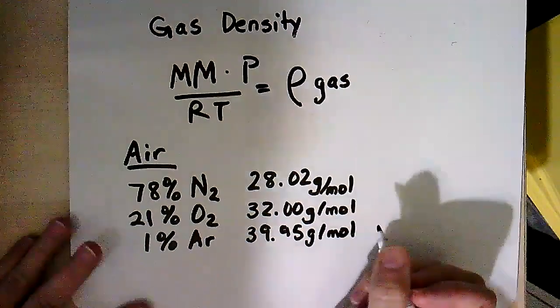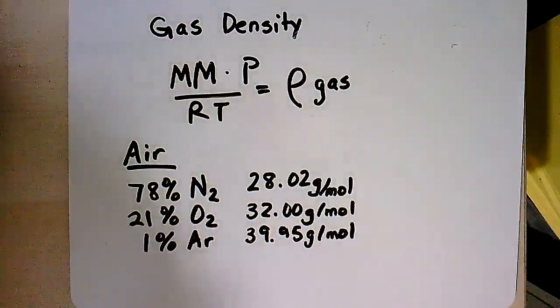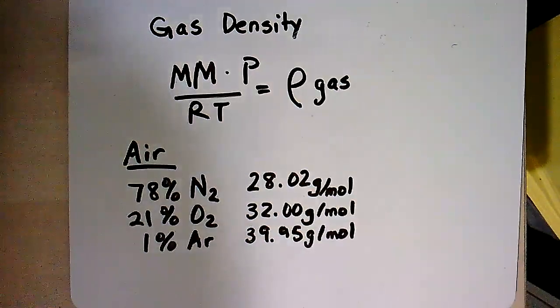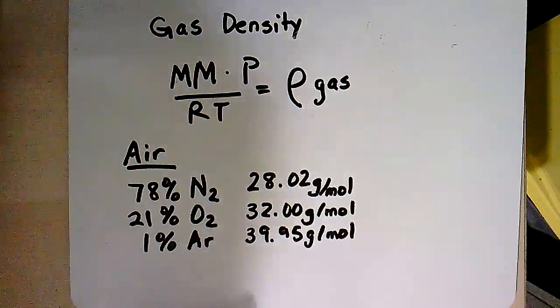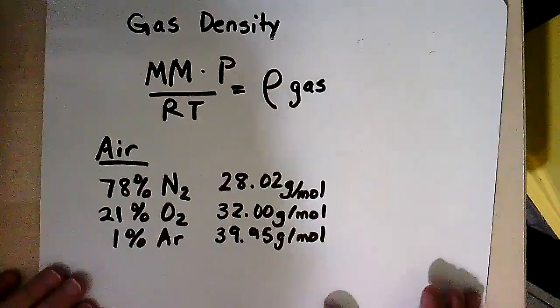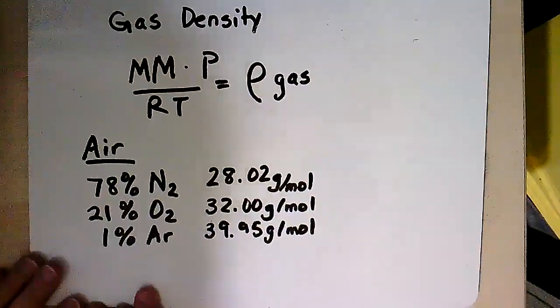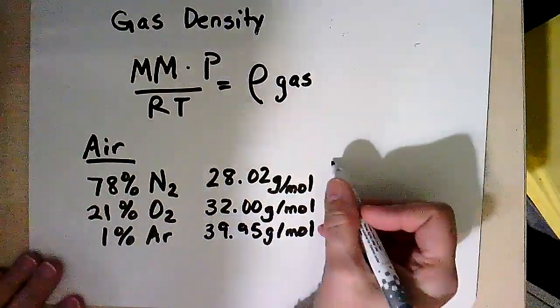Now, I'm not including in this analysis of air the 0.04% of carbon dioxide that's in our atmosphere, and I'm not including any pollutants. But I can determine from this data an average molar mass for air.